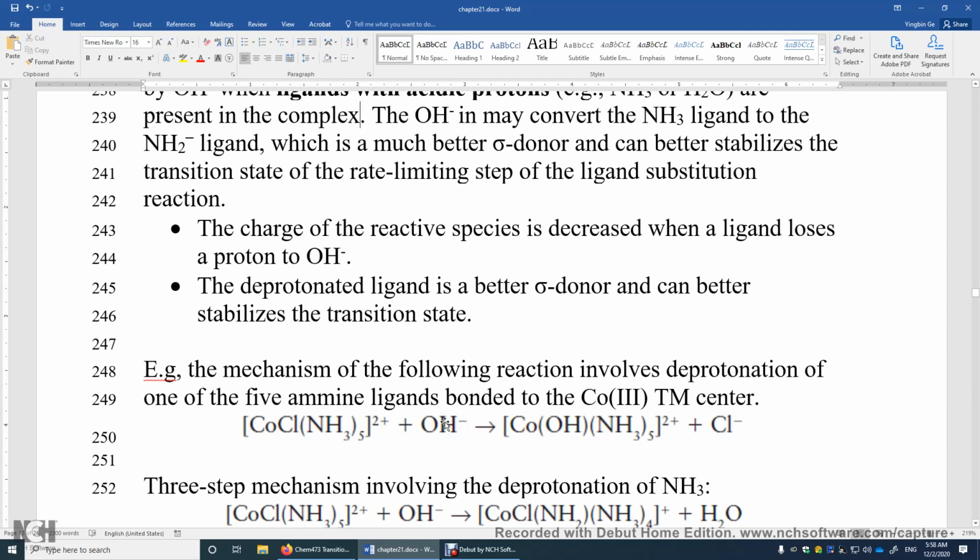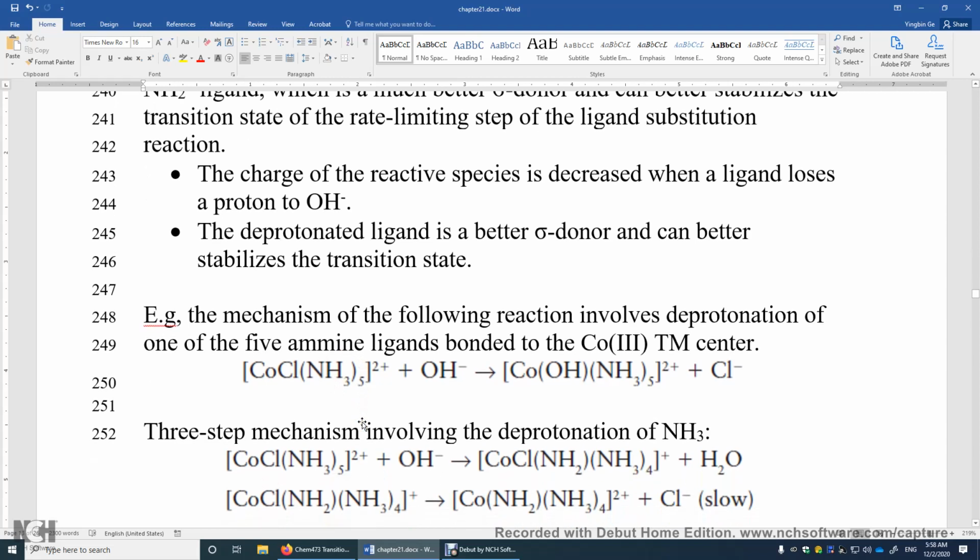It serves as the entering ligand, replacing chlorido, but at the same time, the abundance of OH- in the solution helps stabilize the transition state of the rate limiting step of this ligand substitution by removing a proton from one of the 5 amine ligands. So the actual mechanism involves 3 steps.